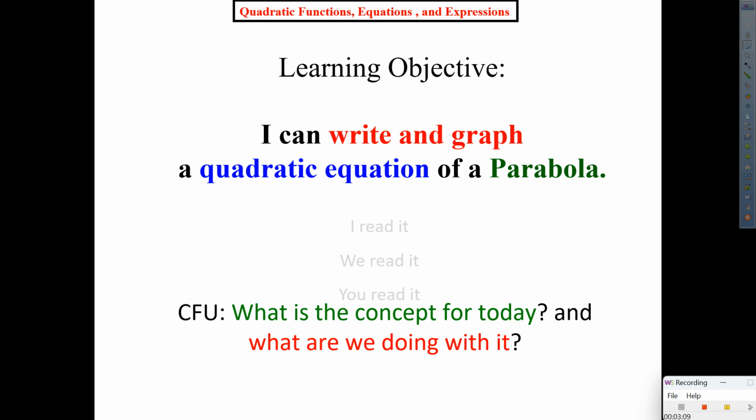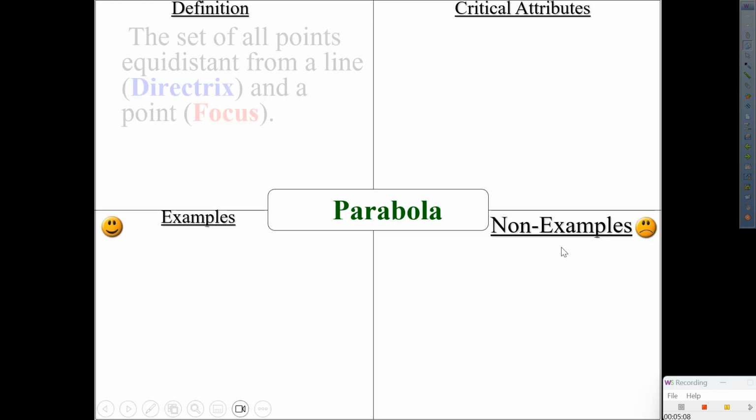Anthony D, last pass. Math skills right there. Equidistant points that are from where? The focus and the directrix. That is correct.